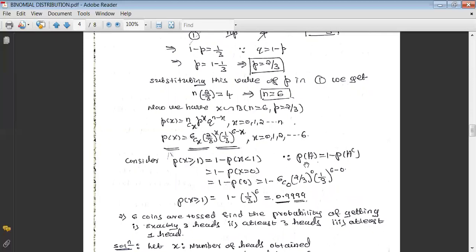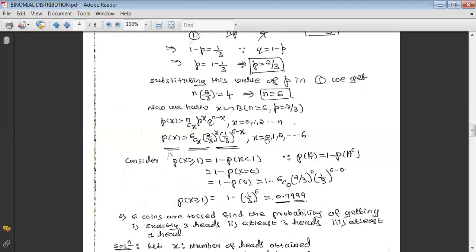Otherwise, we can think of the complement law, that is, the probability of any event equals 1 minus the probability of its complement. Accordingly, here the event is x greater than or equal to 1, and we know that the complement of greater than or equal to is less than 1. That's why we can write the probability of x greater than or equal to 1 as 1 minus the probability of x less than 1 according to this law. Then 1 minus the probability of x less than 1.